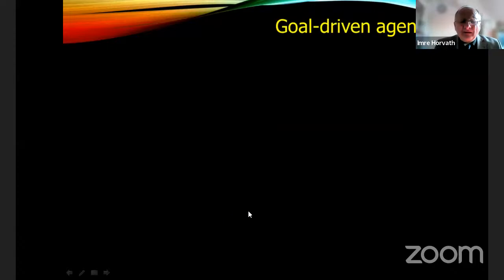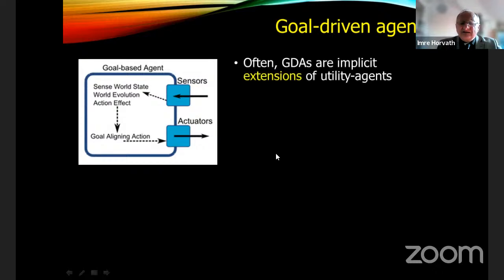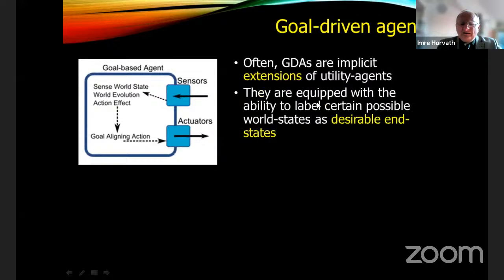Then the next one is the goal-driven agent category. Here is the specification. It is almost the same content, but there is a kind of goal aligning action executed here by the agent before operationalizing the actuator. So the goal-driven agents are an implicit extension of the utility agent.